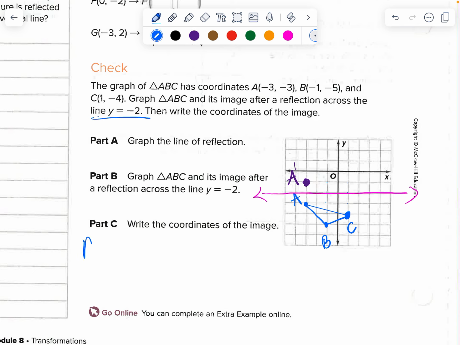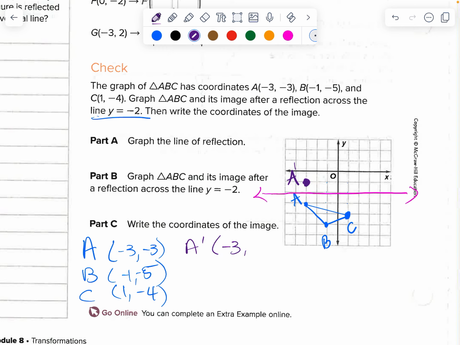So I'm going to go ahead and do this. A is -3, -3. B is -1, -5. C is 1, -4. And then A prime is going to be -3, -1.